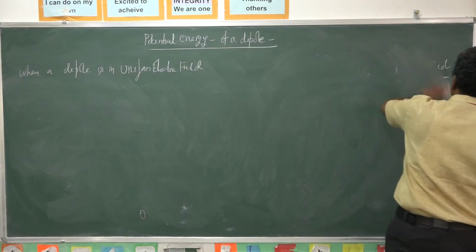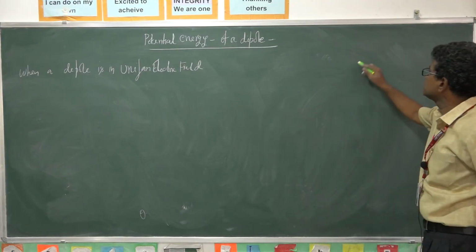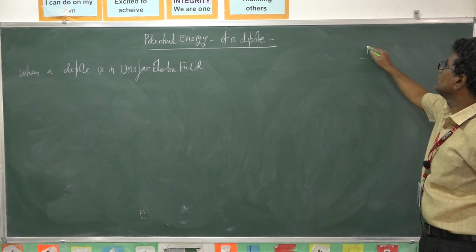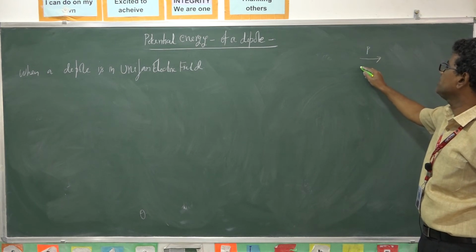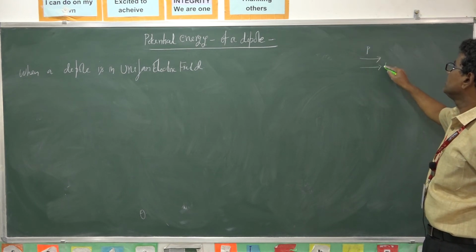We can also explain it like this: a dipole P is placed in a uniform electric field parallel to it.